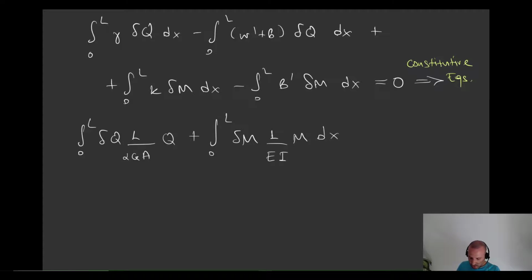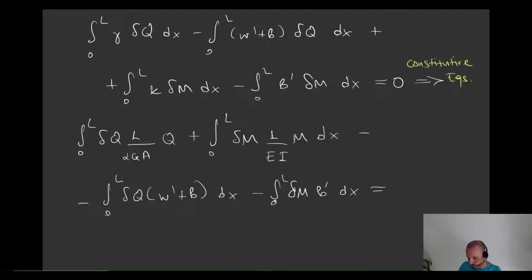And the next set of terms is the ones which have the minus in front, and this is going to be integral from 0 to L delta Q times W prime plus beta dx. And the last term is minus integral from 0 to L delta M times beta prime dx, and this is equal to 0. So here we have another set of equations which contain the unknowns that we seek, and the variations of the Lagrange multiplier fields, which is necessary for us to obtain the needed amount of equations in order to be able to solve for all of the unknowns that we have in the problem.